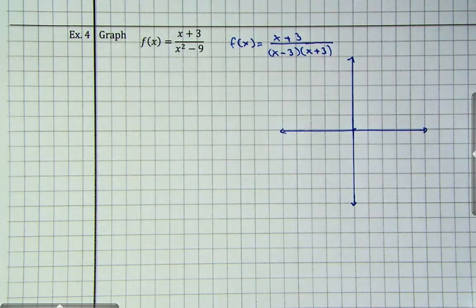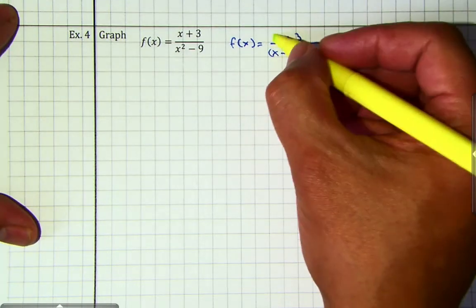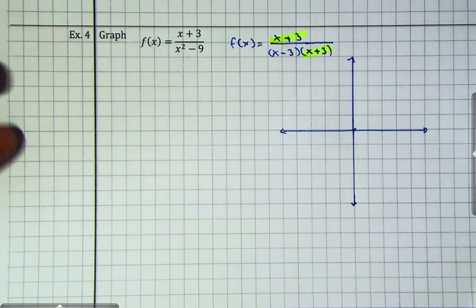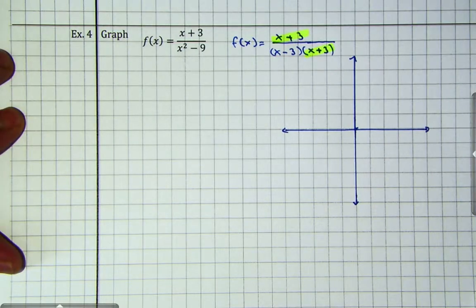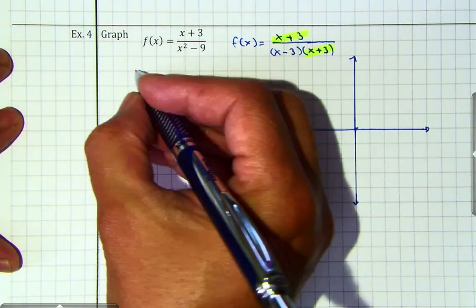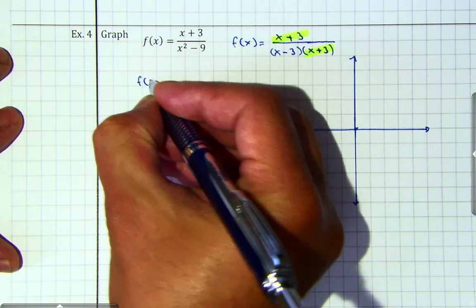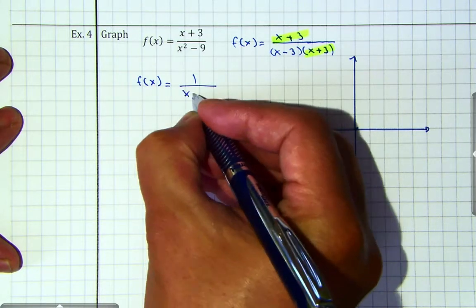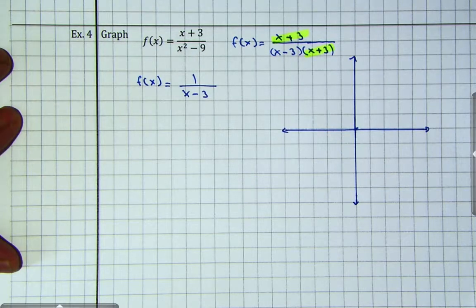And one of the things I notice is that we can simplify this fraction, so that cancels out. So therefore, the function that we are going to graph is the simplified version of the function, which is f of x equals 1 over x minus 3. And now we can graph it.